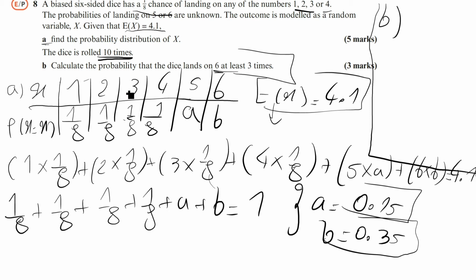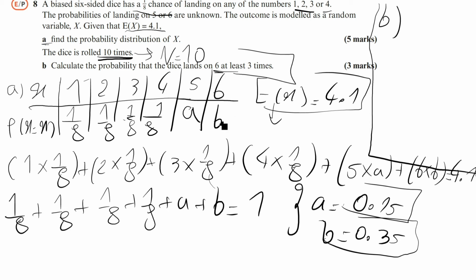Here is our n value, which is equal to 10, and we also have the probabilities, so we know the value of p.